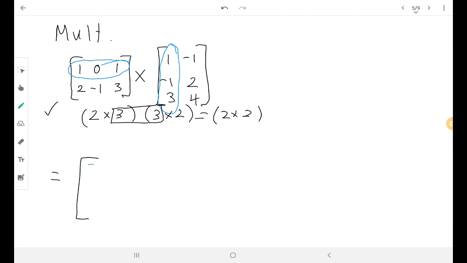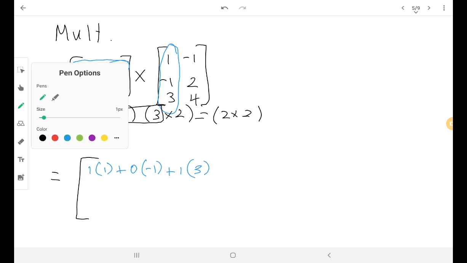So it's going to look like 1 times 1 plus 0 times -1 plus 1 times 3. And that is going to be the first element, first row, first column, for this new matrix.